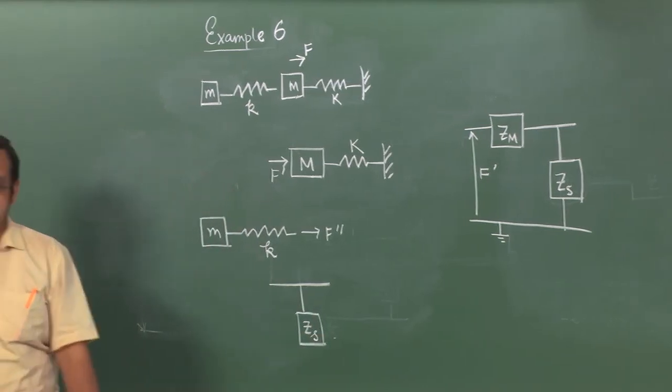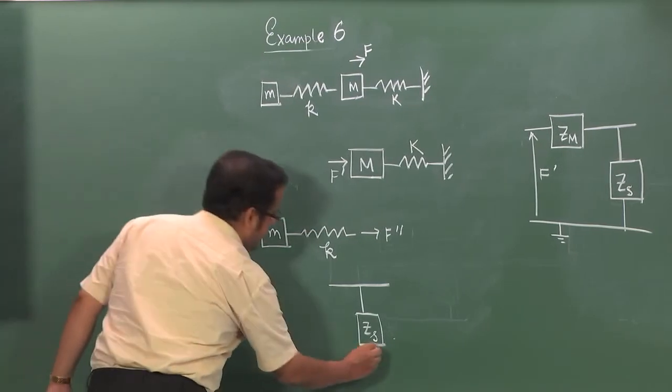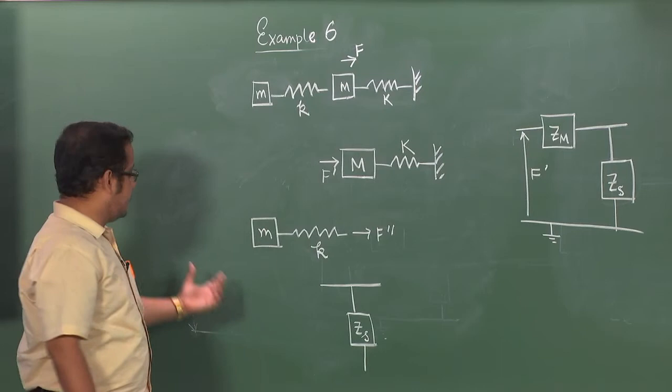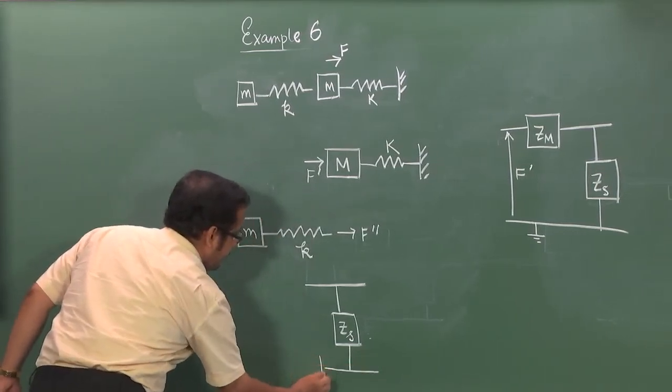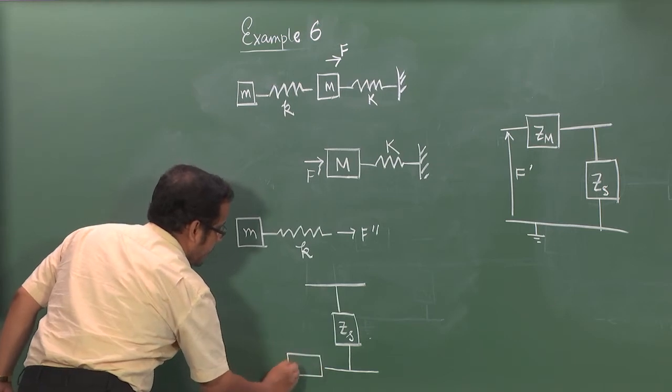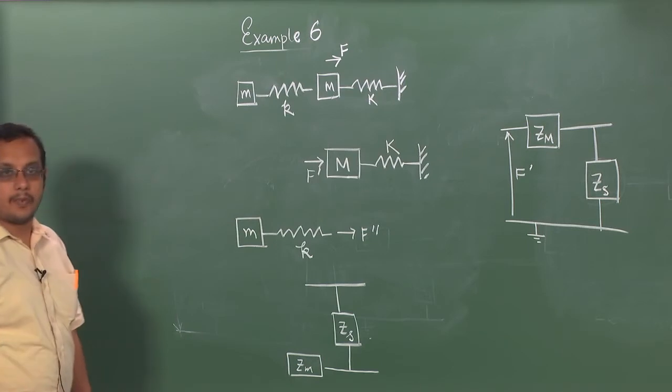I will call this Z small s because it is associated with the small k value, and then there will be an inline impedance associated with the mass small m.